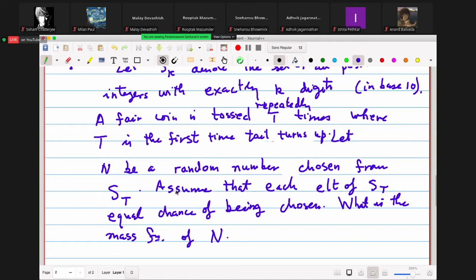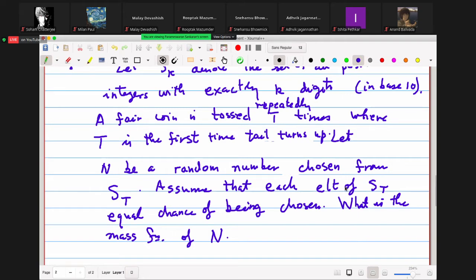So let N be a random number, that is, a random variable. As a number, it will have some digits, a random number of digits, because I'm not specifying the number of digits. Suppose it has T digits, then N belongs to S_T.